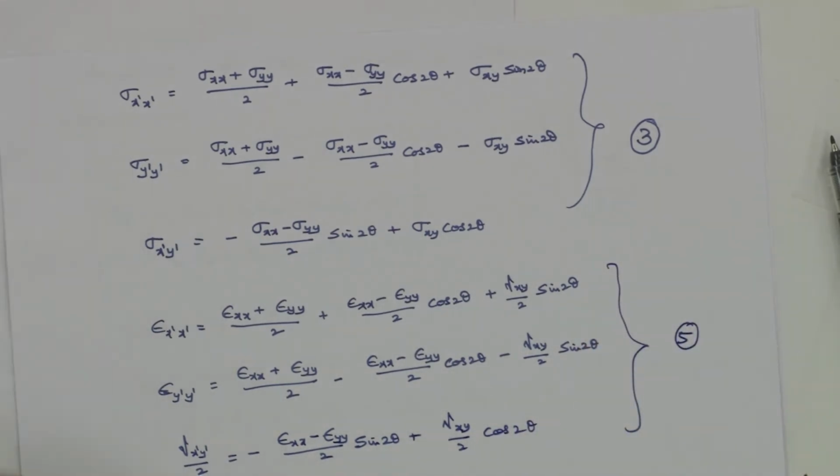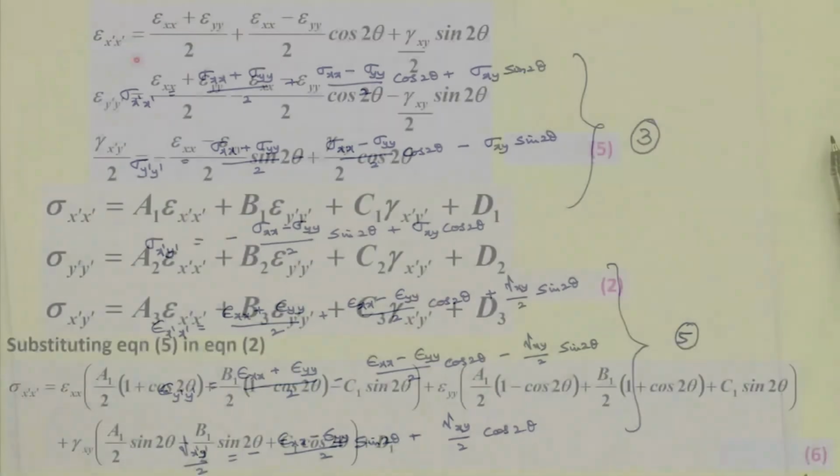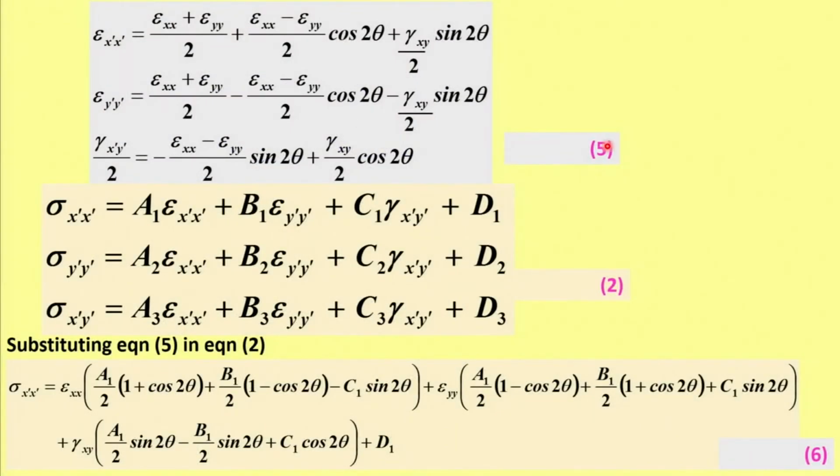What we are going to do now, back to the slides, is substitute 5 in 2. In 5 we had epsilon x prime, epsilon y prime, gamma x prime y prime; now I have relations for epsilon x prime, epsilon y prime, gamma x prime y prime by 2. So I substitute for epsilon x prime here, epsilon y prime here, gamma x prime y prime, the whole of this here.